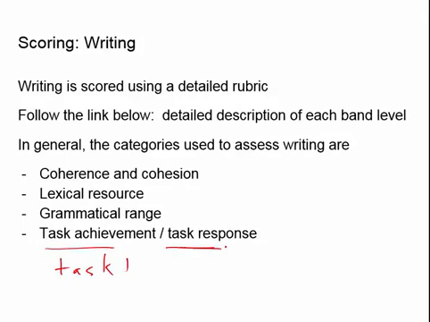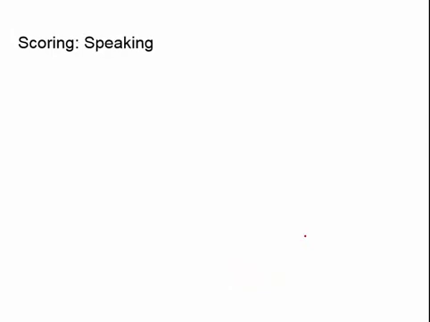Task response is very similar, but it's for task 2 writing exercises, and it means that you wrote a good academic formal essay in the correct fashion. Again, when we get to your writing lessons, we're going to talk about each one of these with a lot more detail. These are the 4 categories that they're judging your writing on.